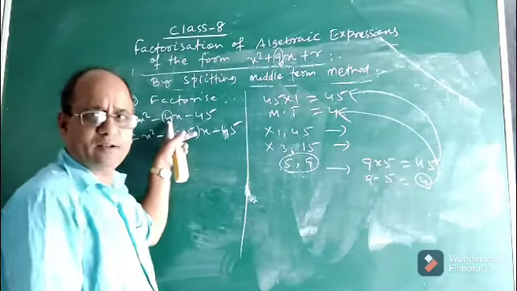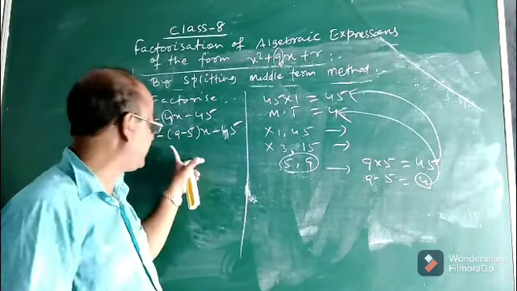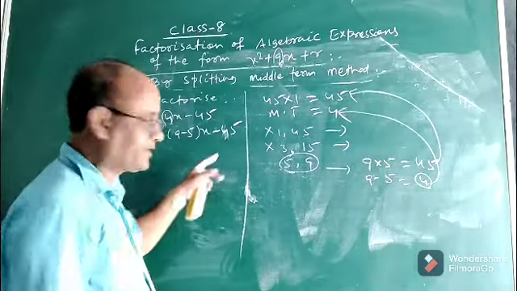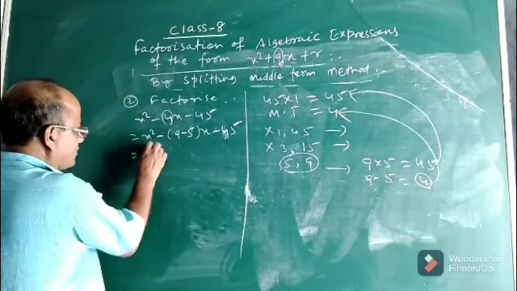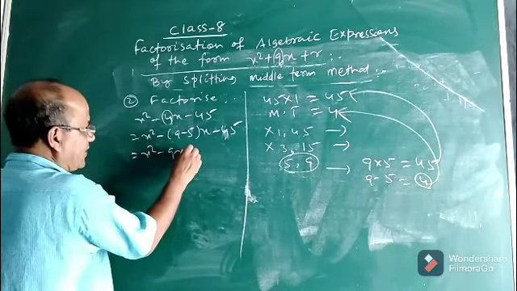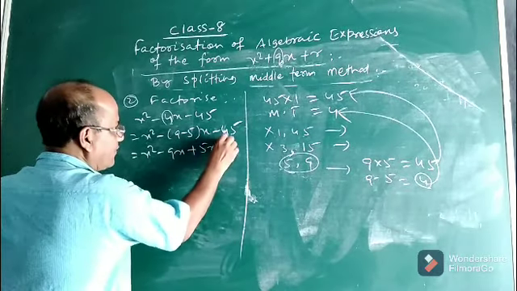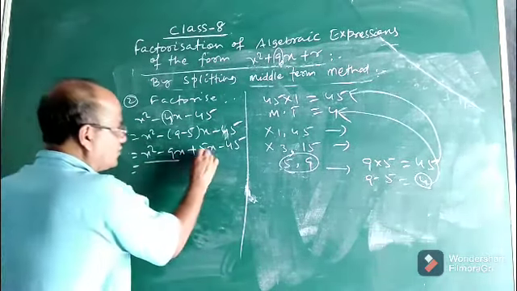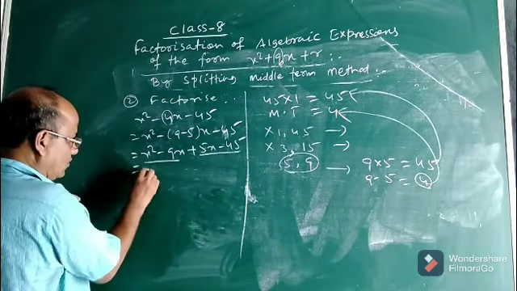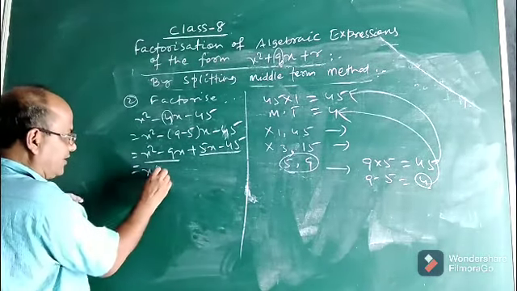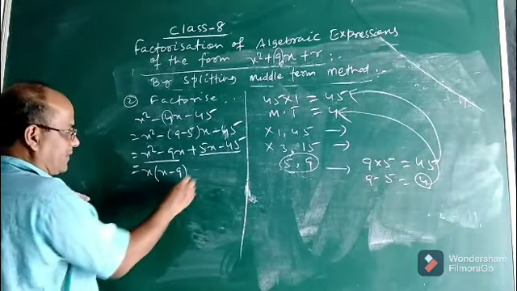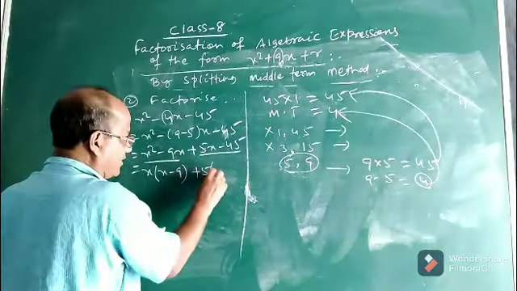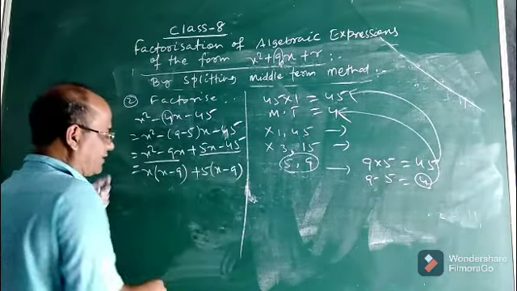Once the middle term is split, the next step, as I said, is to omit the bracket by multiplying. So it will be x square minus 9x plus 5x minus 45. Now what is the next step? Take common out of these two. x will be taken common here, so you will get x minus 9. Again 5 will be taken common, so x minus 9 is left.